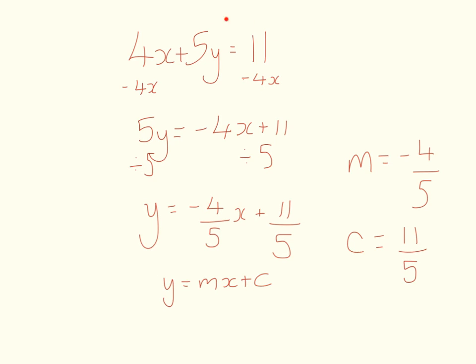So I wanted to rewrite this in the form y equals mx plus c, because when it's in that form I can state the gradient and the y-intercept. So first thing I wanted to do is I wanted to get rid of this 4x, because I would have had a y on the left still, so I subtracted it from both sides. I rewrote it as minus 4x plus 11 rather than 11 minus 4x, because I wanted it to be in the form something x plus something. I then divided through it by 5 to get y on its own, and then I compared with y equals mx plus c.